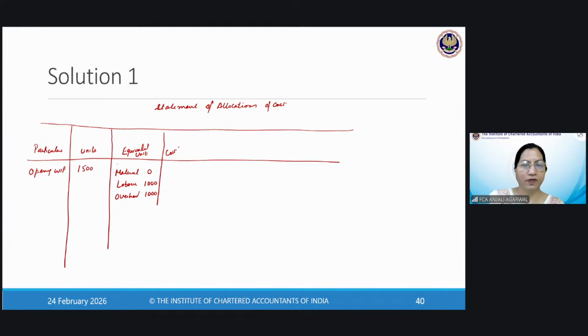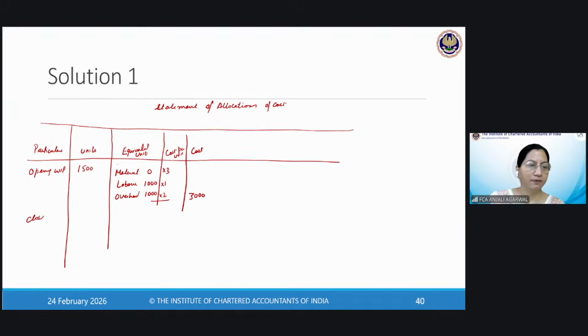Cost per unit for each element into 3 into 1 into 2. So the cost of opening work in progress is 3000.